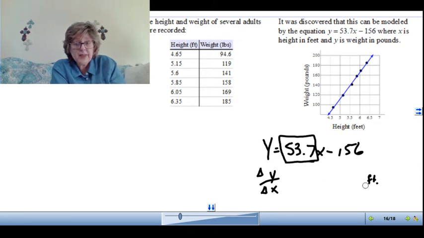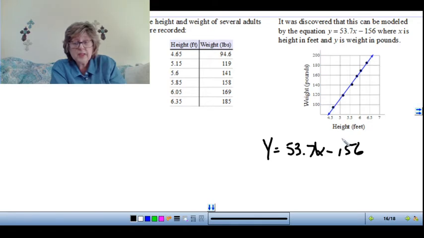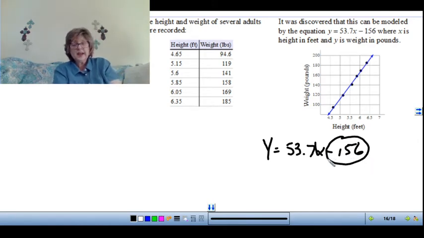Now, the second thing that we talk about a lot is what's called the initial value. Well, what's the initial value? In this case, the initial value is always your y-intercept. In this case, it's negative 156. Well, what does that mean?